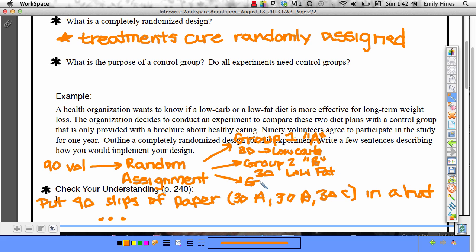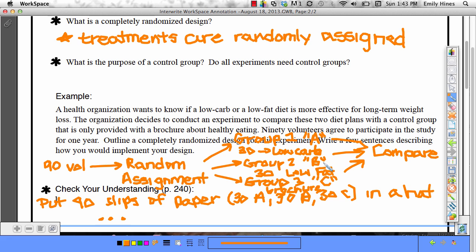And group 3 were the C's and they got the brochure. Okay, so then after I apply the treatment, I bring them all back together and compare the results. That is a completely randomized experiment, each group assigned randomly, and then I compare them all.